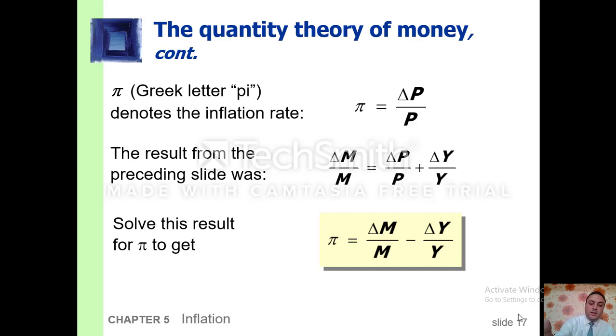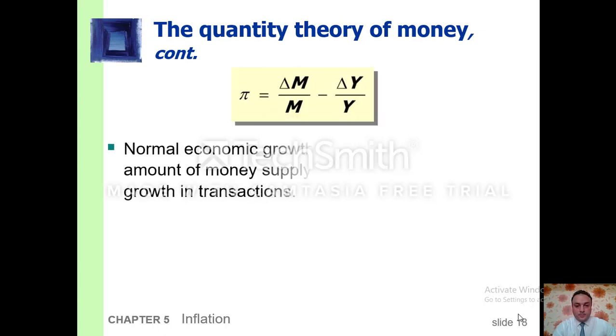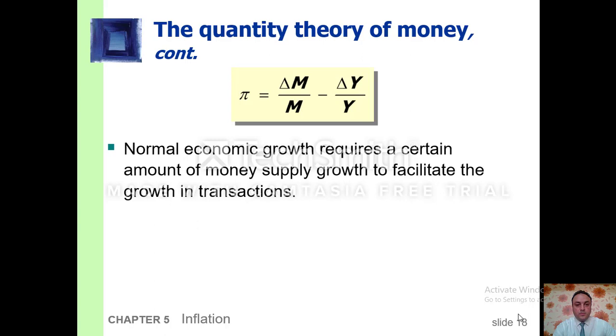So when we move the change in price level to the left hand and the change in the money supply to the right hand to solve for the inflation rate, the inflation rate will equal the change in the money supply minus the change in the quantity of output, as we can see.